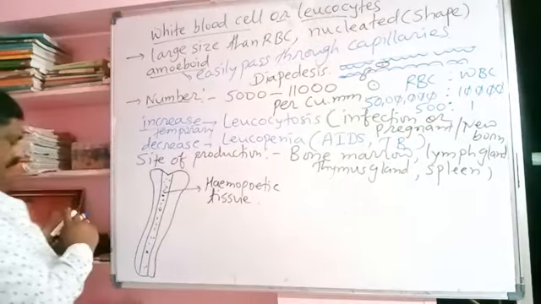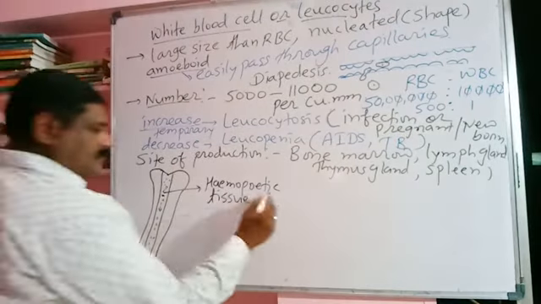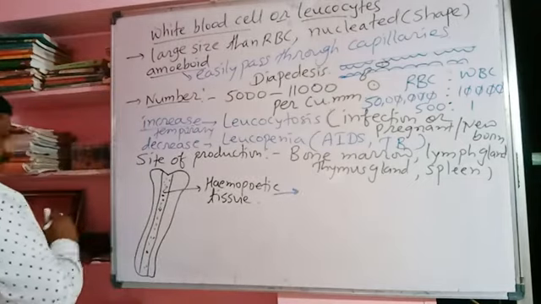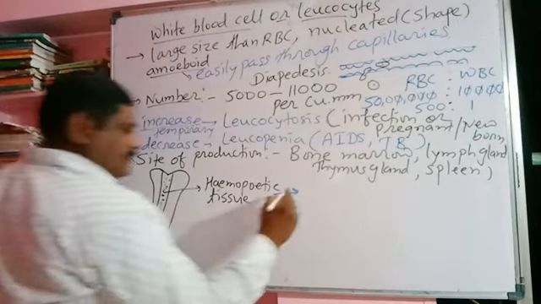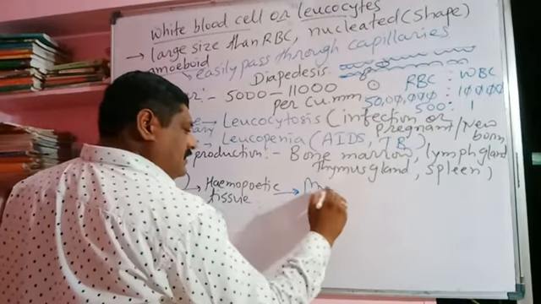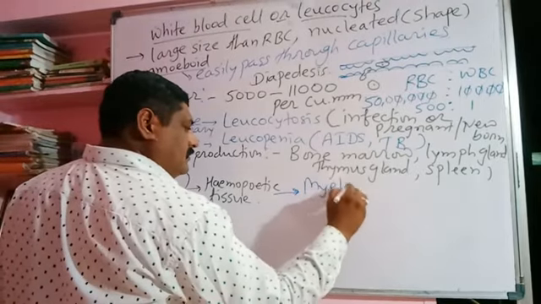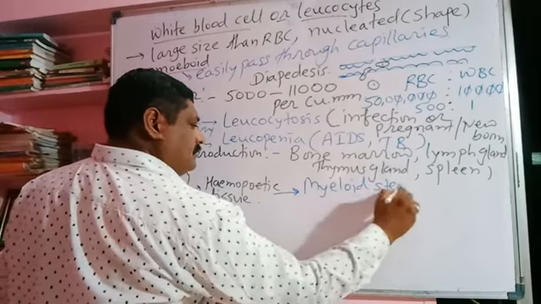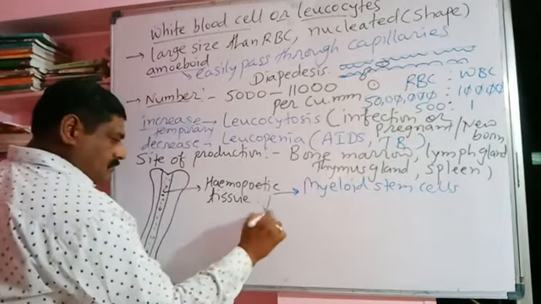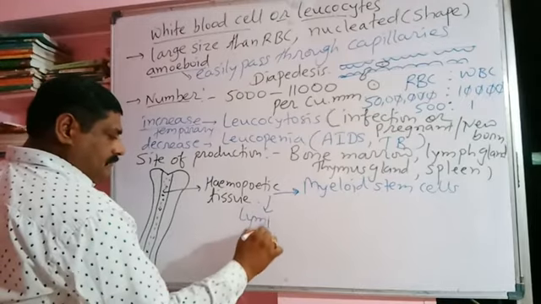This tissue divides and forms two types of stem cells: the myeloid stem cells and lymphoid stem cells.